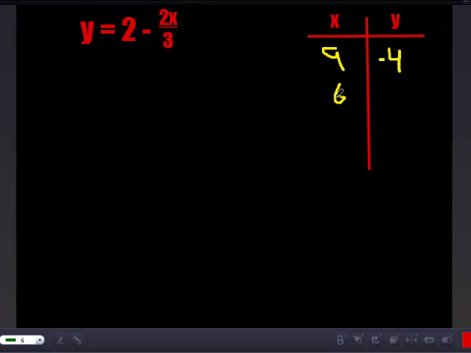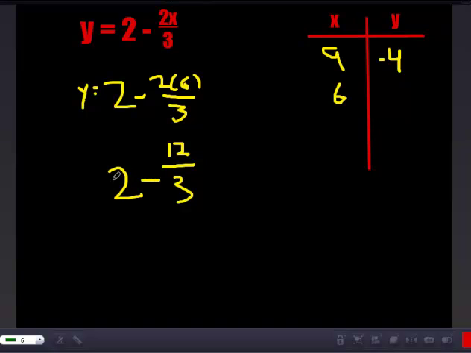Or if you want to, you could put a 6 in there. So I'm just going to pick 6 this time around. So y equals 2 minus 2 times 6 divided by 3. Again, 2 times 6, which I do first, gives me 12 divided by 3, which works out nice and even. You could pick something else, but then you would just have to deal with graphing a decimal. So 12 divided by 3 would give me 4, so y equals negative 2.